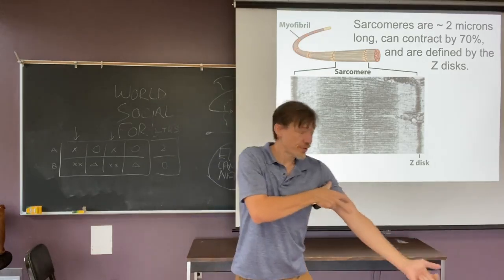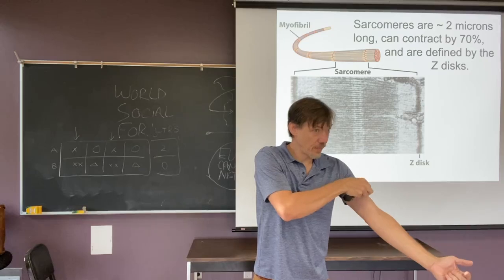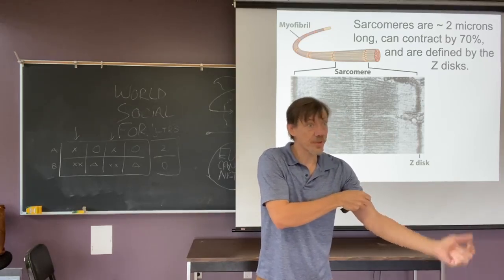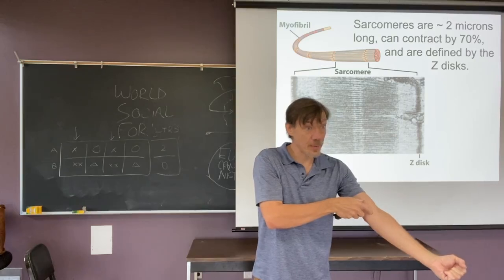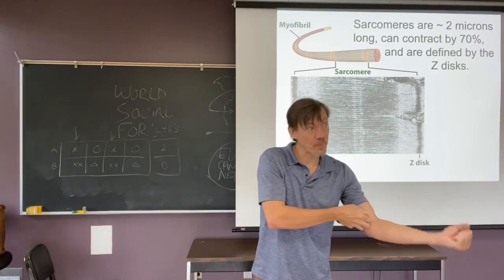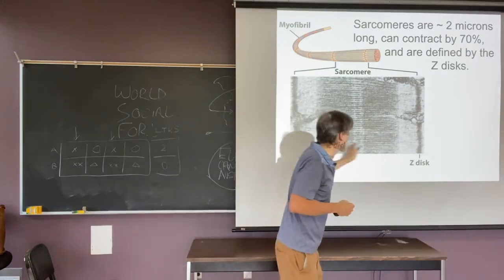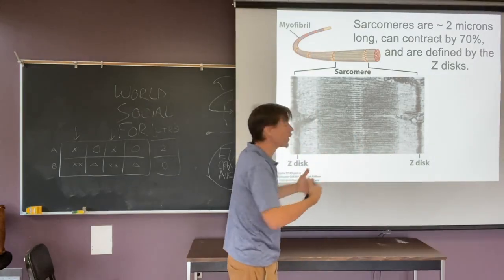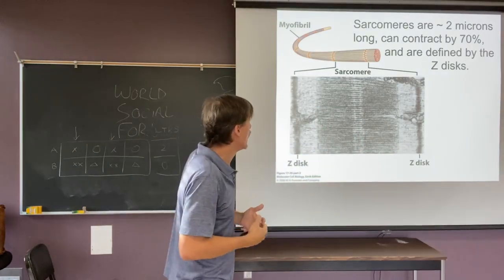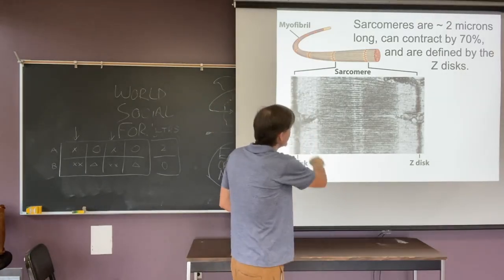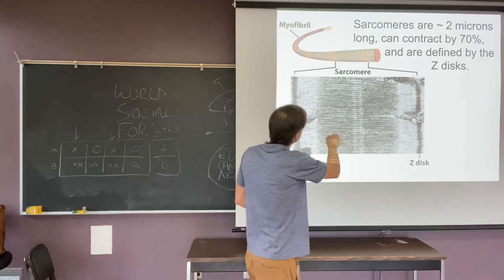So in our muscles, we've got our muscle cells, and then within those muscle cells are the sarcomeres. That fundamental unit can contract by 70%. So when you think about your muscle contracting, that is the limit of contraction, the contraction that can occur within the sarcomere. And the borders of the sarcomeres are defined by these Z discs, which I'll talk about in a second.